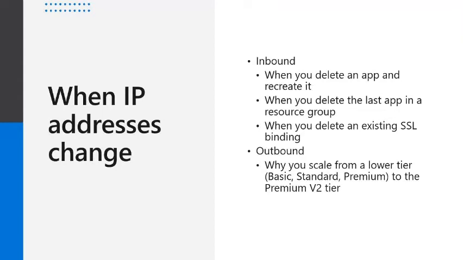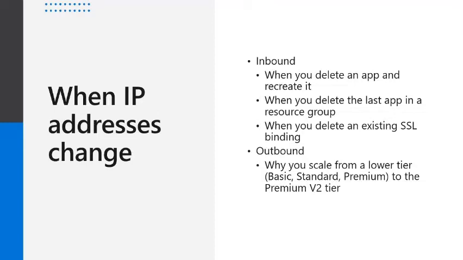When does the IP address change? Regardless of the number of scaled out instances, each app has a single inbound IP address. Clear. This inbound IP address might change when you perform certain actions, such as delete an app and recreate it in a different resource group.